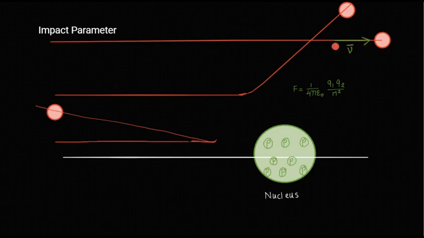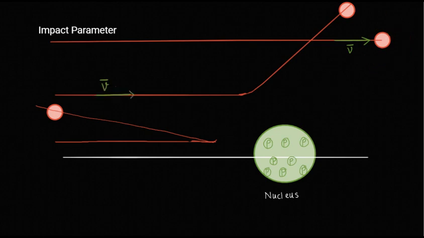It is shown by this green arrow. Now can you see, has this alpha particle been influenced by this nucleus? No. So is there any impact on this alpha particle from this nucleus? No. So there is no scattering in this case.